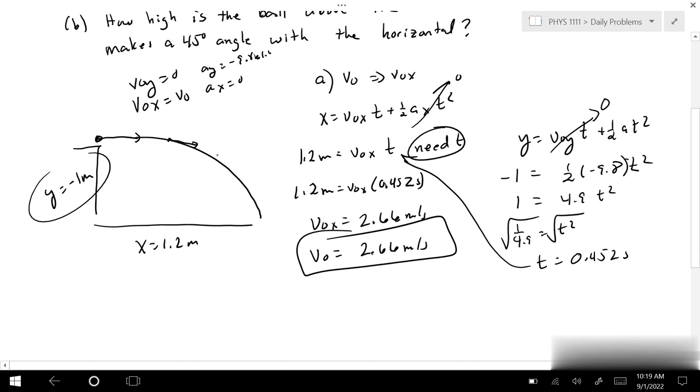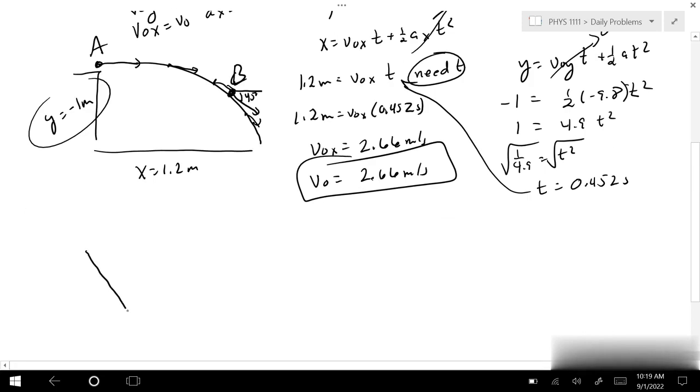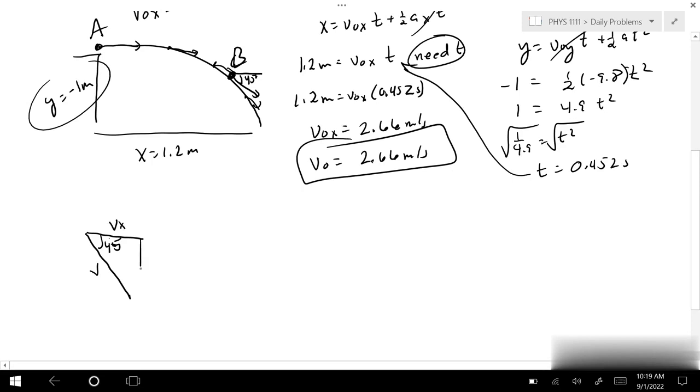For part B, I think that's where some of you are getting stuck, and we talked about this in class. As you work your way down, these velocity vectors get steeper. So somewhere in here, this velocity vector makes a 45-degree angle. We're going to call this point A and point B, or however you want to label it. But I want to look at that triangle better. So someplace, this velocity vector is going to make a 45-degree angle with the horizontal.